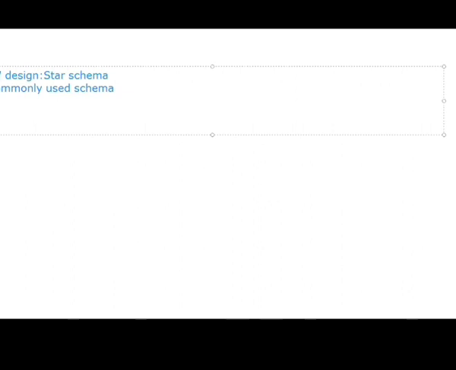Now the star schema has a central fact table that provides most of the information of interest. So it has a large central table which is called as the fact table, that consists of only key elements of other tables or the key information.